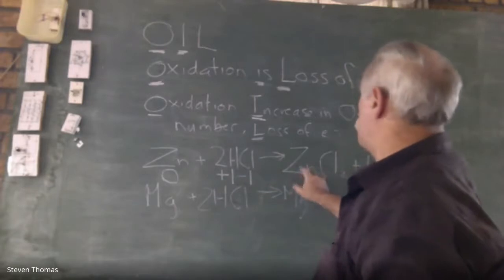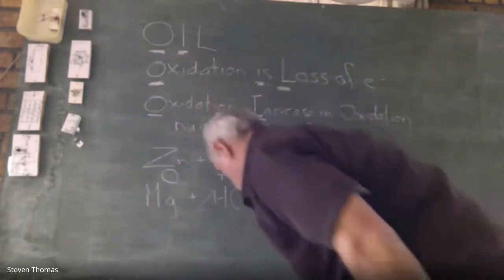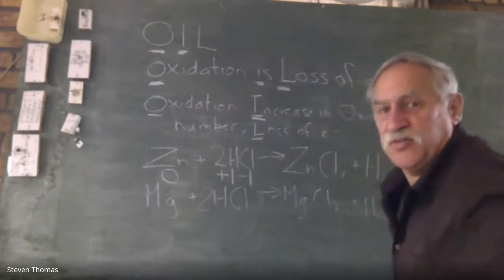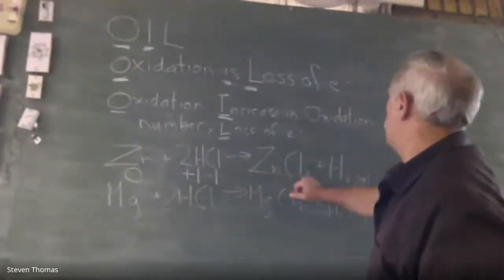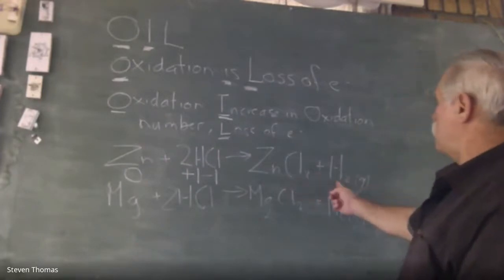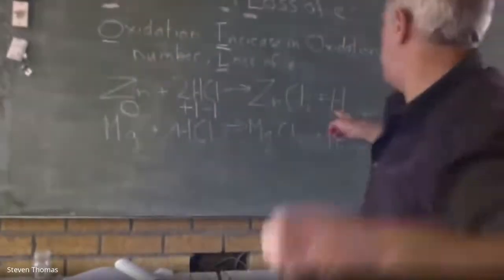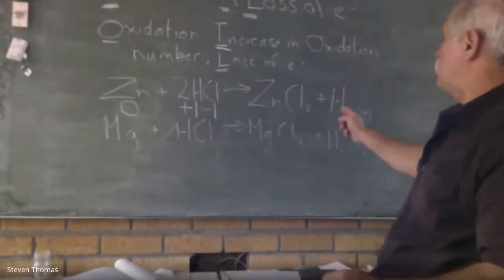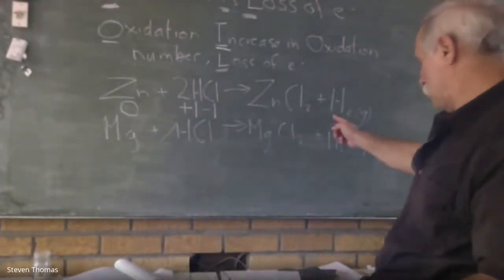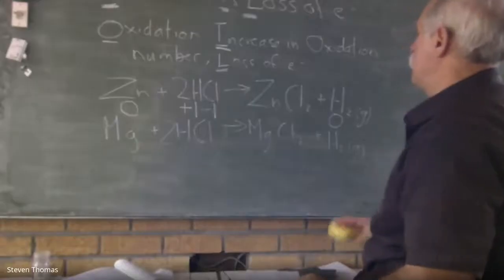Okay, now let's go to here. Now here's zinc chloride. First thing to notice, hydrogen is sitting by itself. Does anyone know again, what is an element by itself's oxidation number? It is 0, because it's neutral.